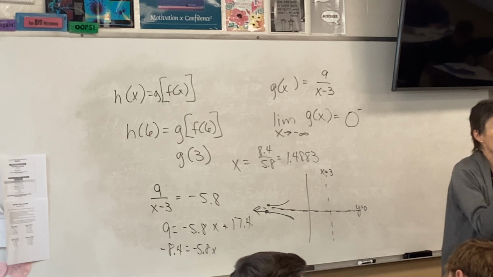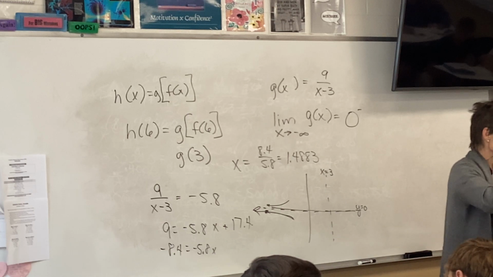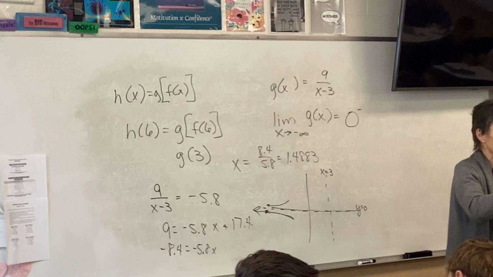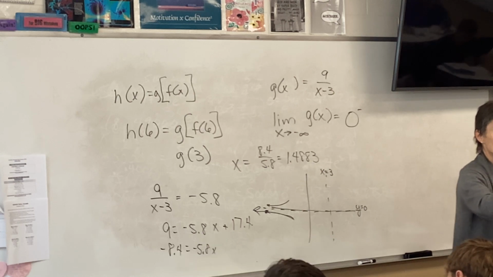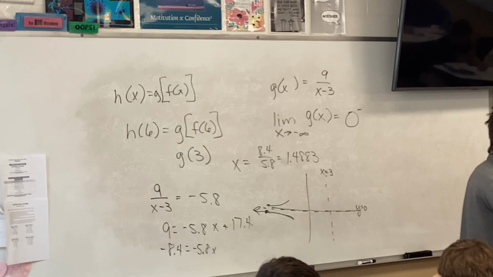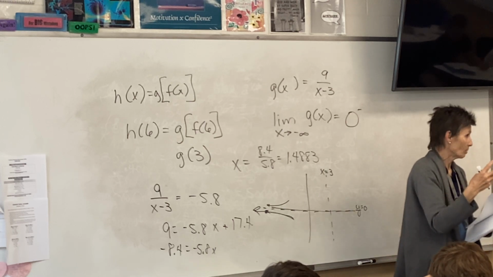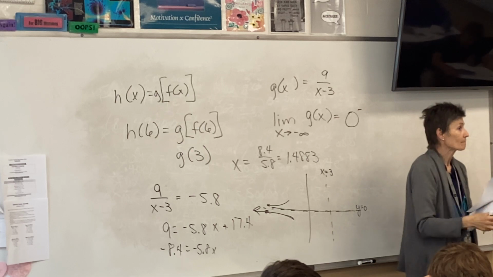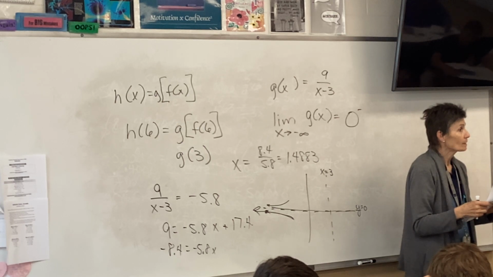Are there any y's in the picture that are repeated? No. So when you do the inverse, what does that tell you about the x's? None of them will be repeated. Do we just have to say it's 1 to 1?